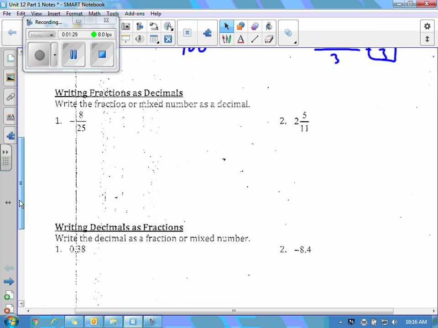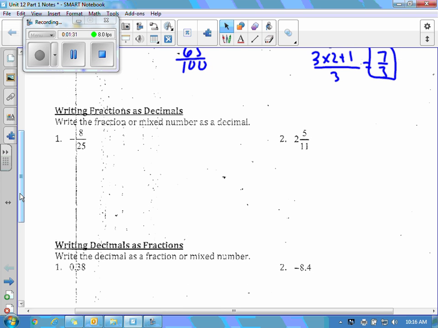For the next section, it says writing fractions as decimals. So it says write the fraction or mixed number as a decimal. Hopefully this will be reviewed, but let's go over it real quick. I had 8 divided by 25.